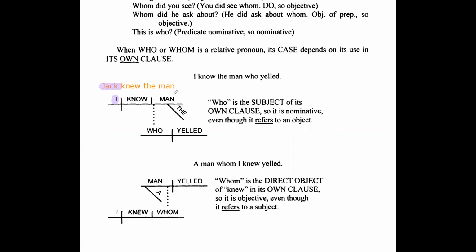So, I knew the man. The man is what case? It has to be objective because it's a direct object. So man is in the objective case, but it doesn't show that it's in the objective case. That's the difference between our pronouns and the rest of the nouns. The pronouns, most of them, show what case they're in.